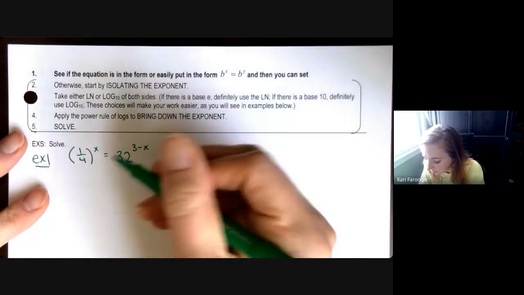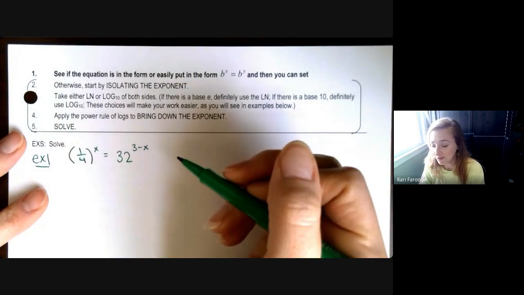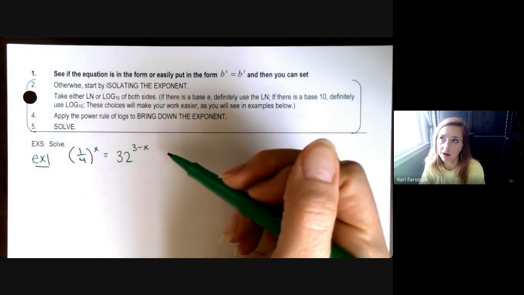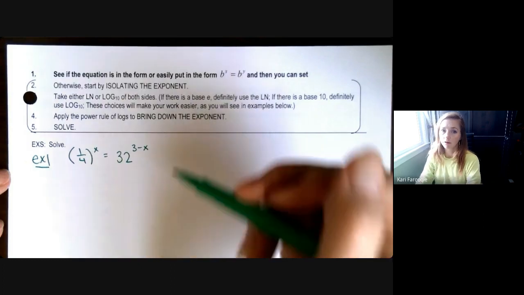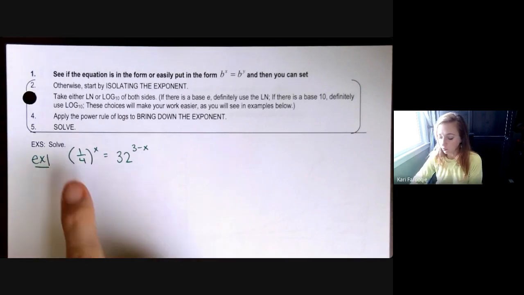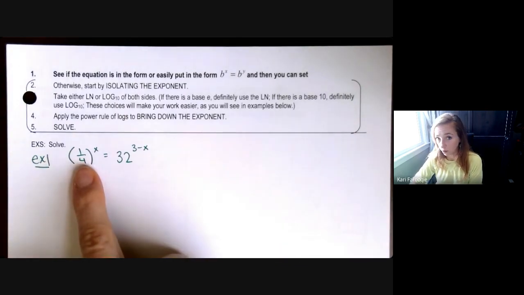When I'm looking at 1/4 and 32, I'm thinking about a number that they have in common. I don't mean common factor, I mean common base. If you're not very familiar with your exponential values, 2 to the 5th is 32. 2 squared is 4.